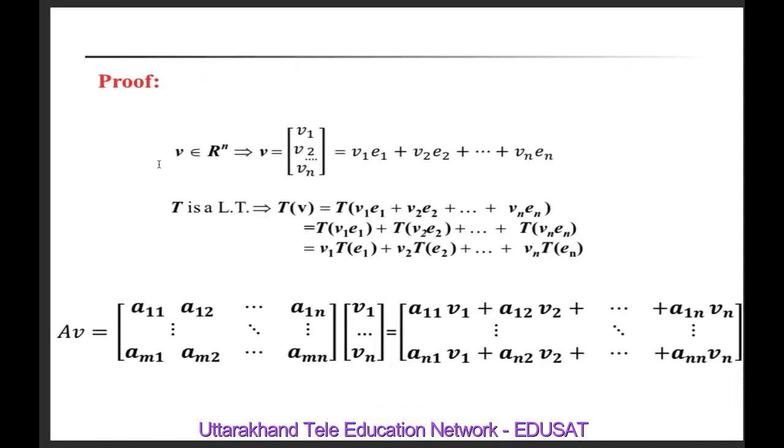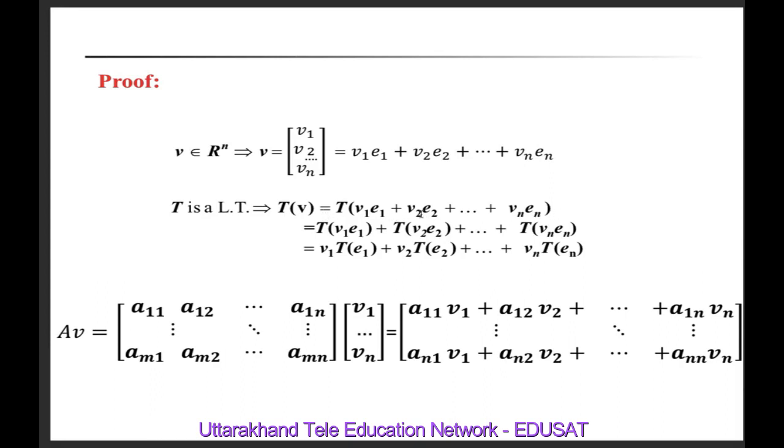So V belonging to Rn can be expressed as V1 E1 plus V2 E2 plus ... plus Vn En. In matrix notation, we write it as column matrix V1, V2, ..., Vn. Because T is a linear transformation, TV is equal to T of (V1 E1 plus V2 E2 plus ... plus Vn En).